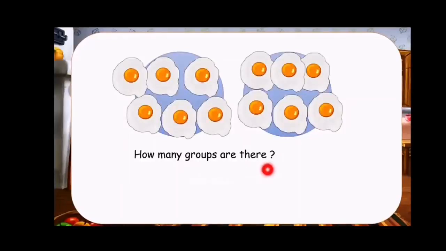Can you find how many groups are there? Yes, a collection of objects is called one group, and the collection of the same number of objects will create the second group. So how many groups are there? 1, 2. There are 2 groups.